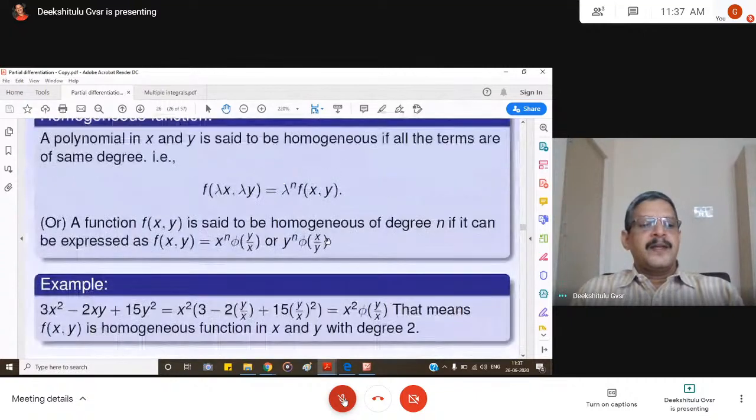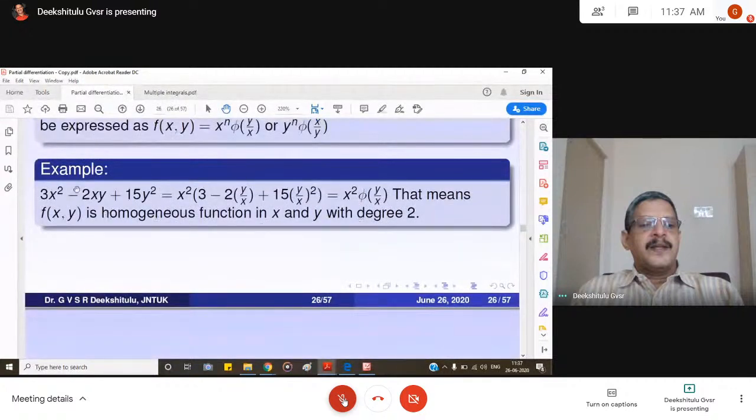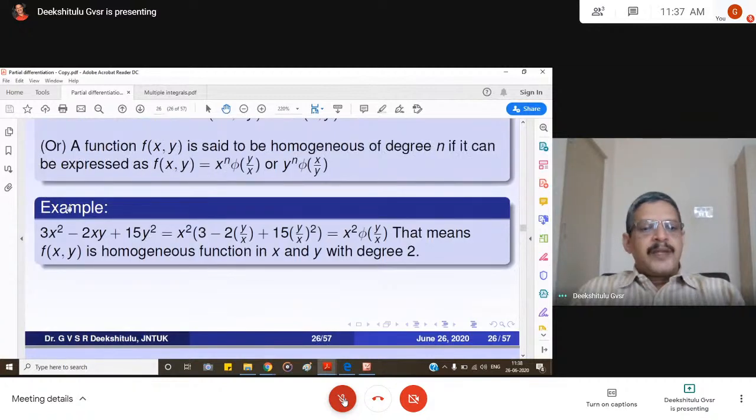Let us see certain problems. Find the degree of this polynomial. Say for example, this is a polynomial in x and y: 3x square minus 2xy plus 15y square. To know the degree, you have to first write this function in either this form or this form.